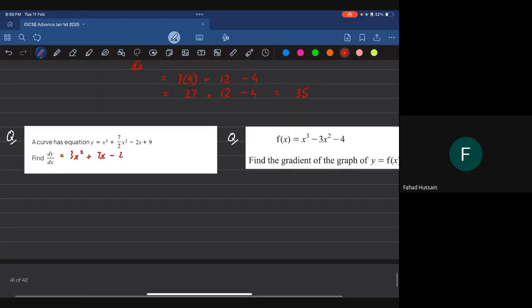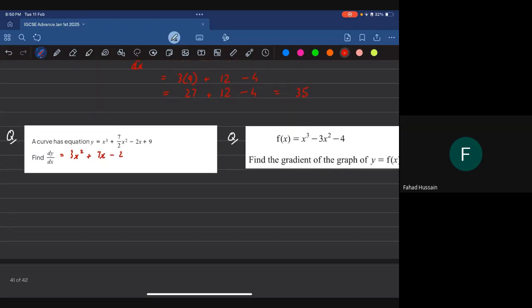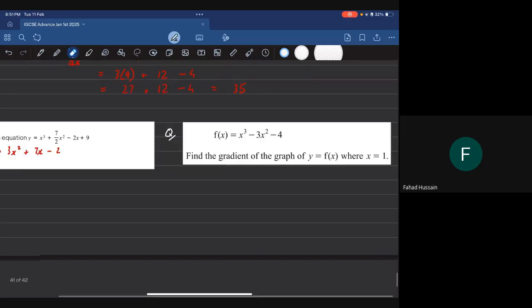Whosoever agrees with Fahad, raise your hand. A lot of people agree with Fahad. Everyone agrees with Fahad. All right, well done, Fahad.